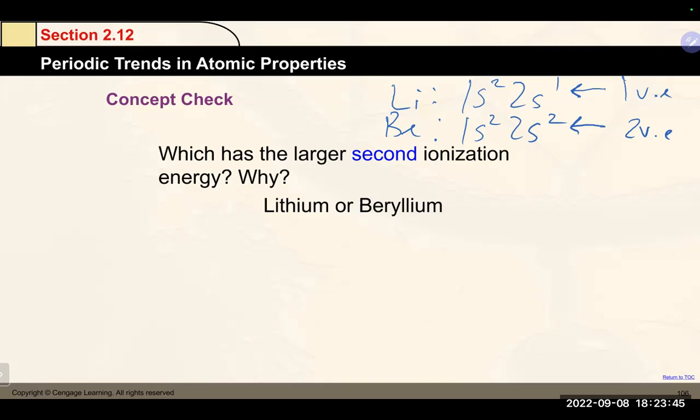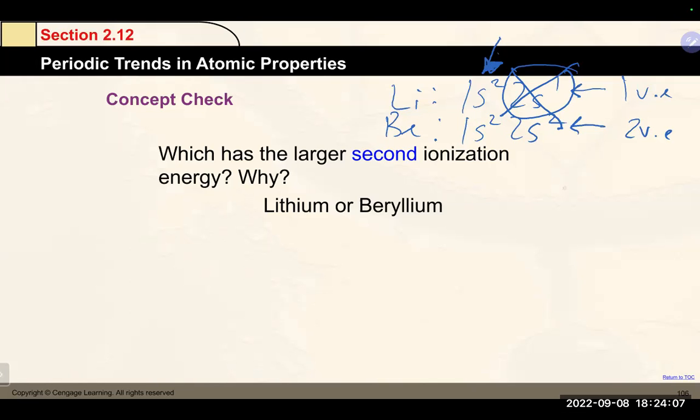Let me say that one more time. When I remove the very first electron from lithium, which would be my first ionization energy, that would be that one. When I go to take the second one, I am now into what electrons there? Those are the core electrons, which is not going to happen without a lot of energy.